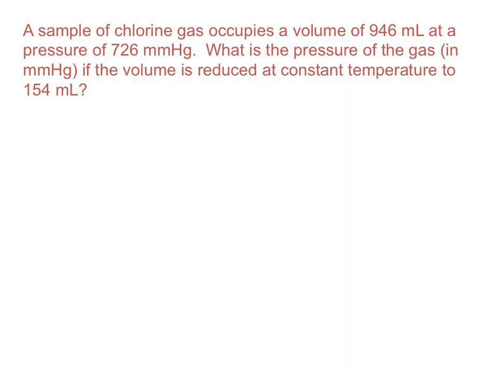So if we take a look at this problem, once again, guys, you don't always know what you're going to be using, so the first thing you want to be doing is figuring out your variables. A sample of chlorine gas occupies a volume of 946 milliliters. So V1 equals 946 milliliters, at a pressure of 726 millimeters of mercury.